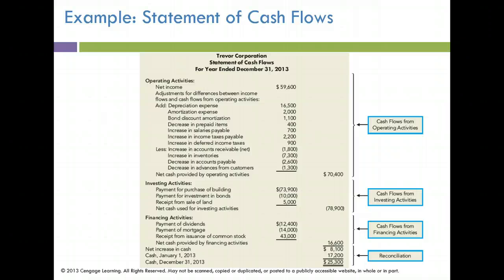Increase in salaries payable. Think of this. At the beginning of the year, we had salaries payable of $300. At the end of the year, we have salaries payable of $1,000. Our expense shows salaries expense of $1,000.